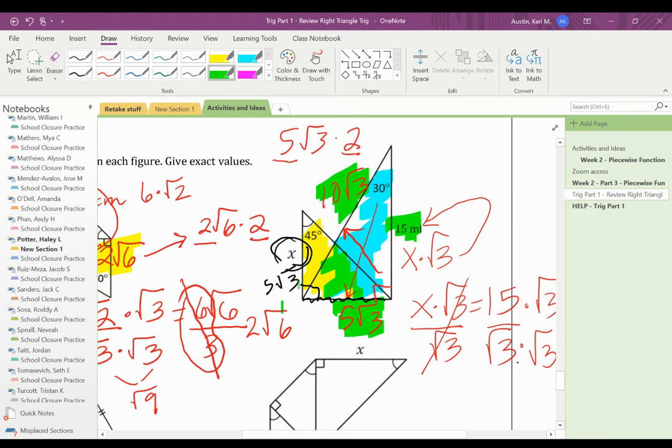And then the hypotenuse, which is this guy right here, is square root of 2 times the leg. So here's the leg, 5 root 3 times the square root of 2. So that's going to be number times number. Well, there's nothing there, 5. Radical times radical, which is square root 6. So this hypotenuse is 5 square root 6.